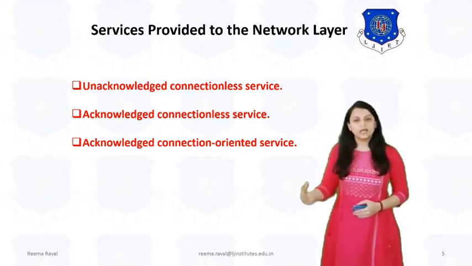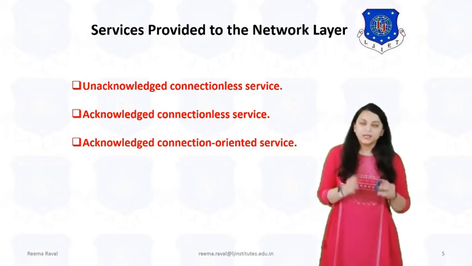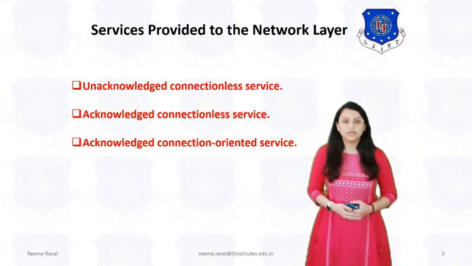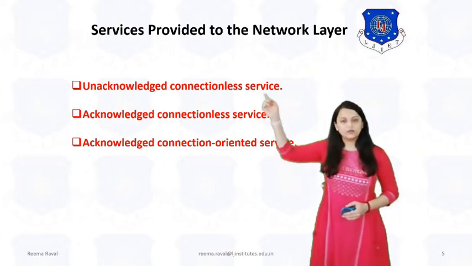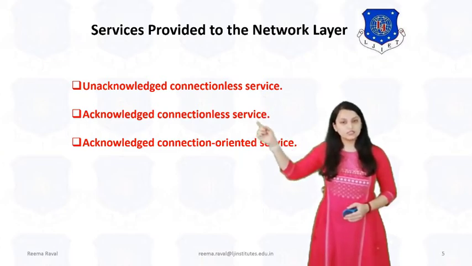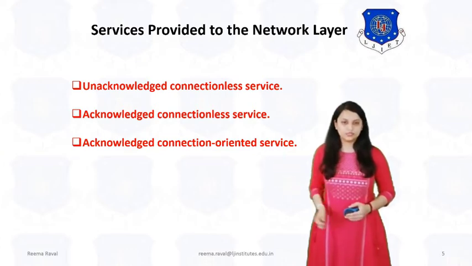We can say that another one is unacknowledged connection-oriented service, but these are basically three types of services generally provided to the network layer. I repeat again: the first one is unacknowledged connectionless service, the second one is acknowledged connectionless service, and the third one is acknowledged connection-oriented service.